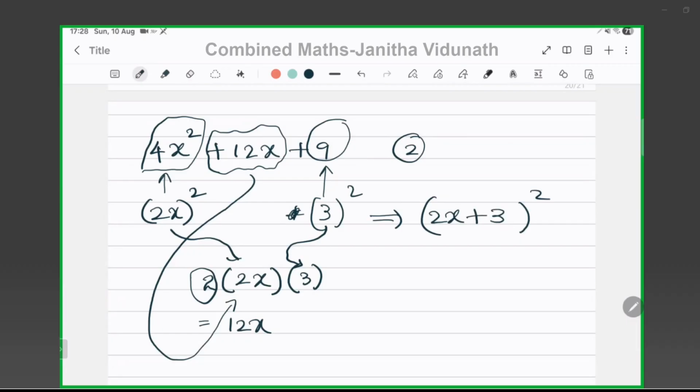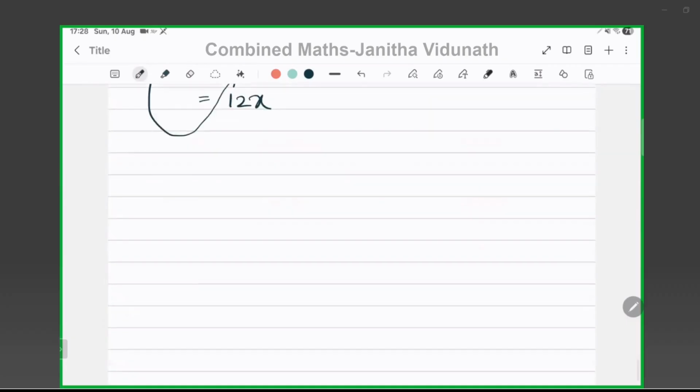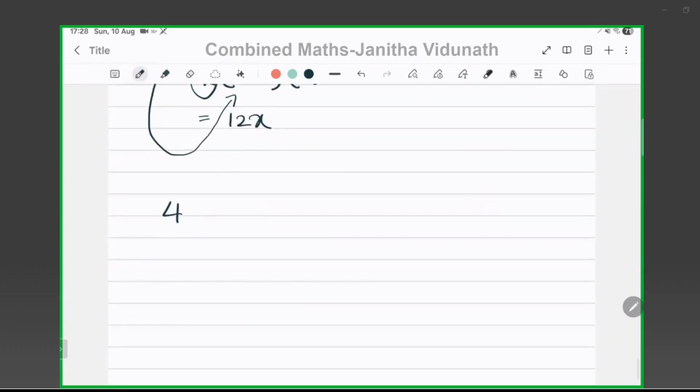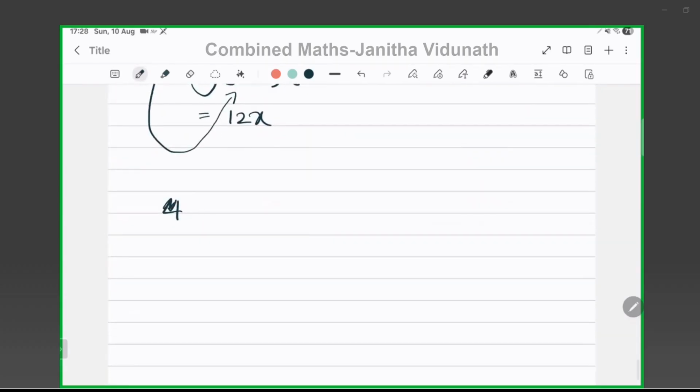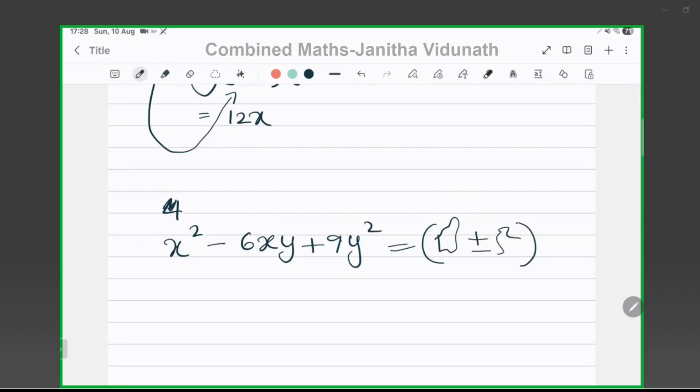Let me give another example. If we have x square minus 6xy plus 9y square, this is written as plus or minus one term and another term, whole square.